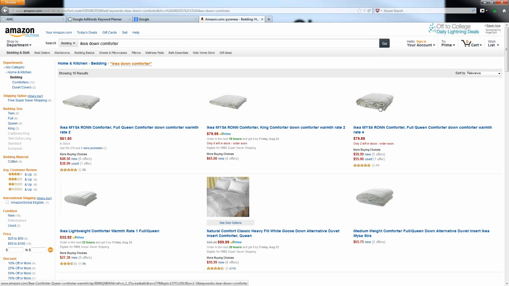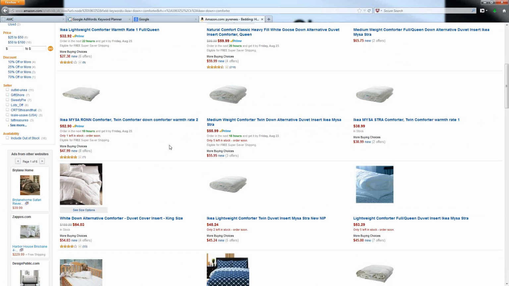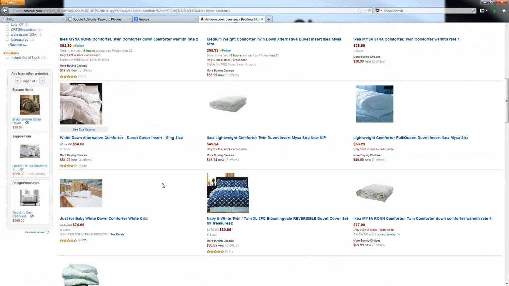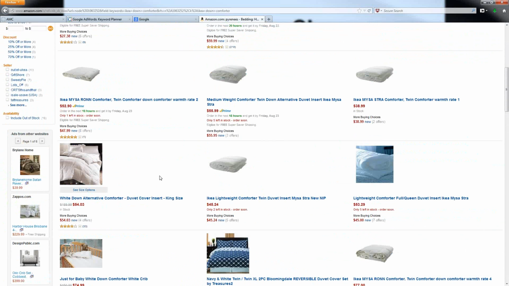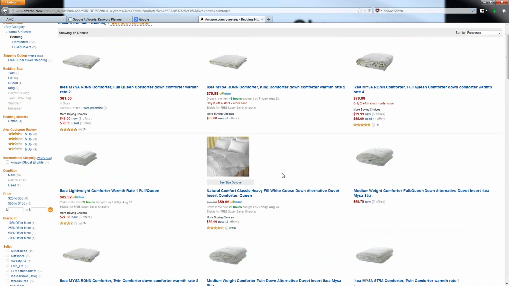And IKEA does seem to have some down comforters that are available. The listings don't look quite as flashy, and I don't see a lot of reviews on this particular brand on Amazon, but I know that there is search engine traffic out there for this particular brand of down comforter.